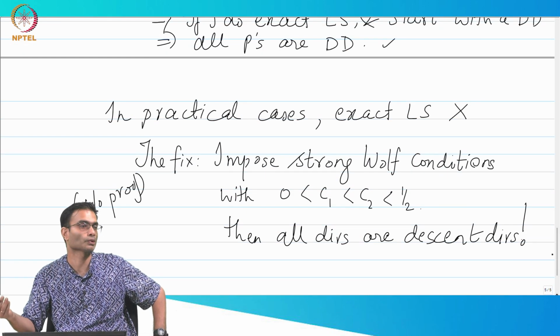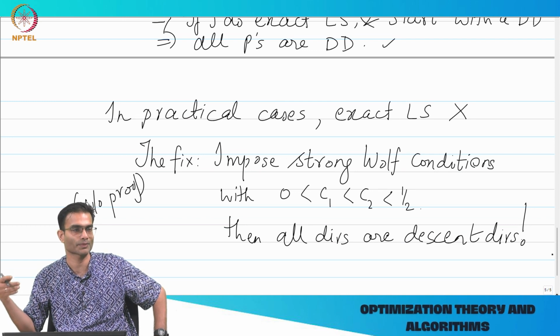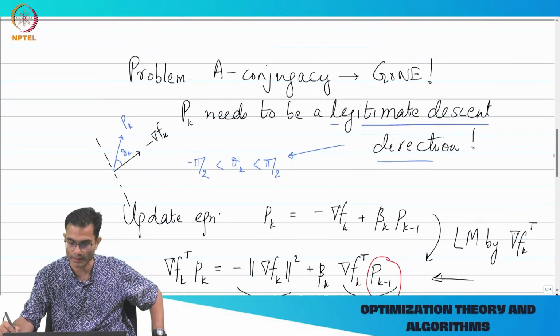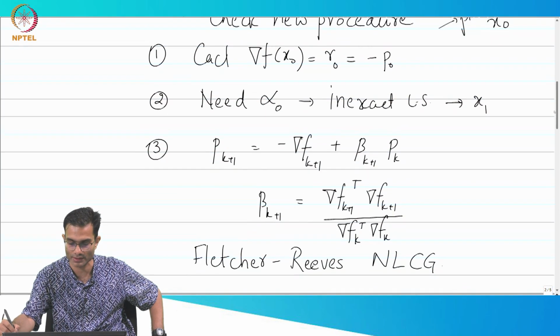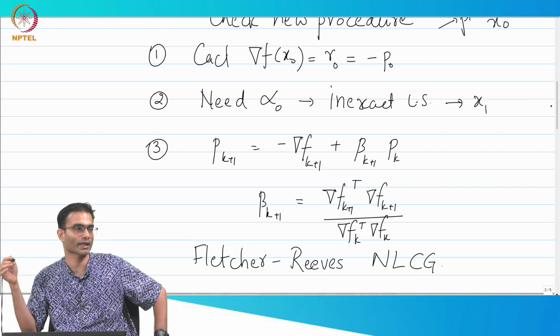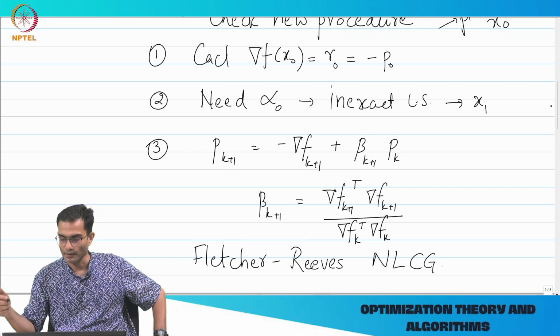So that's all we need to do. We give up our exact line search, we replace it by an inexact line search, make sure that the Wolfe conditions are followed in this way, and I go back to this recipe over here, the Fletcher Reeves recipe, start with minus grad f, walk through the steps, and everything works out.